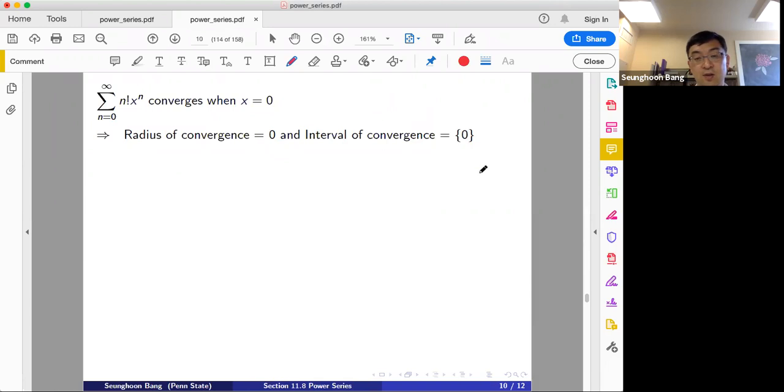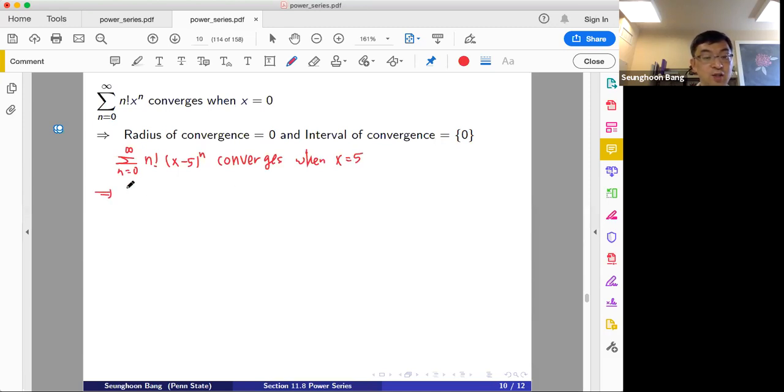I will do one more example. The summation from n equals 0 to infinity of n factorial times x minus 5 to the power n. You can use the ratio test. We have this result: the series converges only when x equals 5.